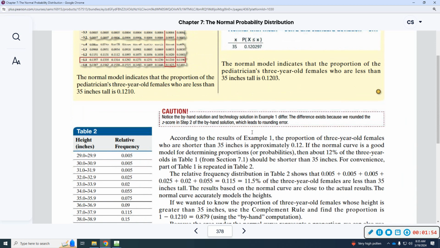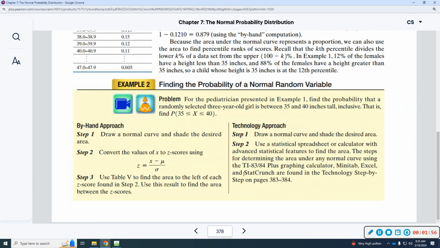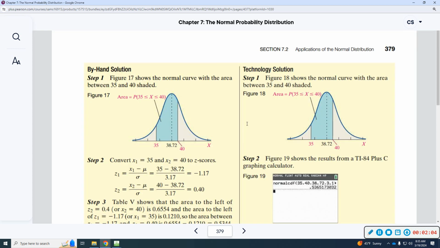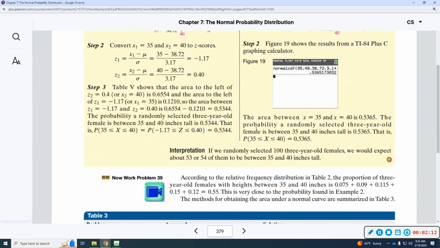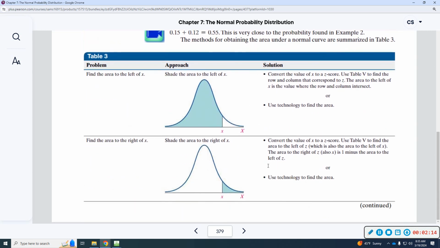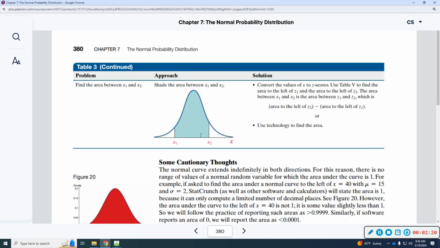In the text, they give you several examples. Each time you're going to use the z formula, x minus mean over standard deviation. You'll find z values, and then we can find the area under the curve. Now, there's different scenarios. We might look for the area between two numbers. We will look for the area to the left or the area to the right, or we might also look for the outside area.